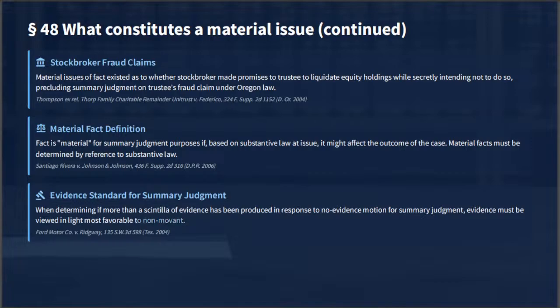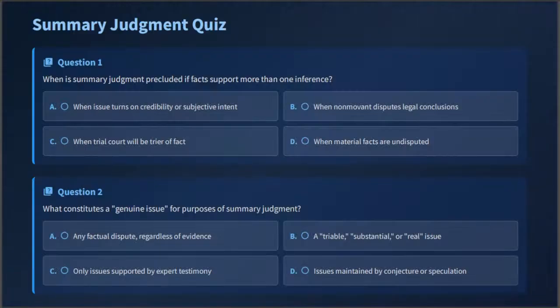Jeez. So I guess the scintilla depends on whether you're the moving party or the non-moving party. And that comes from Ford Motor Company versus Ridgeway. And that's where we get that scintilla from. They must have got tired of hearing that word during those deliberations. Nonetheless.